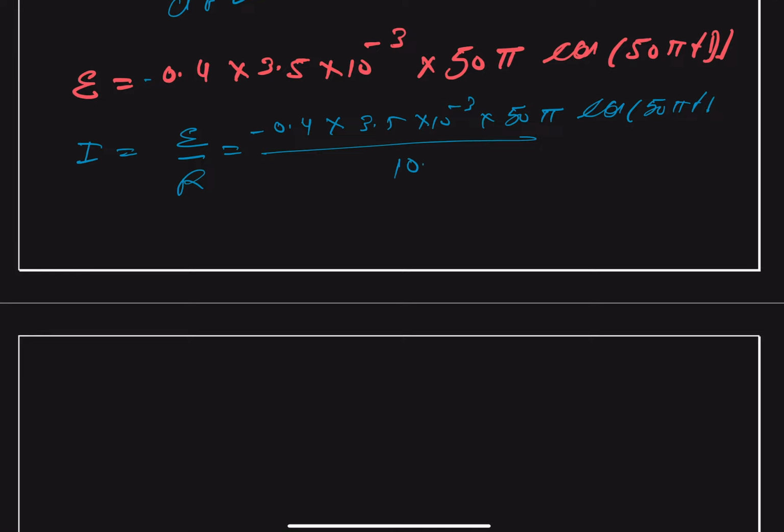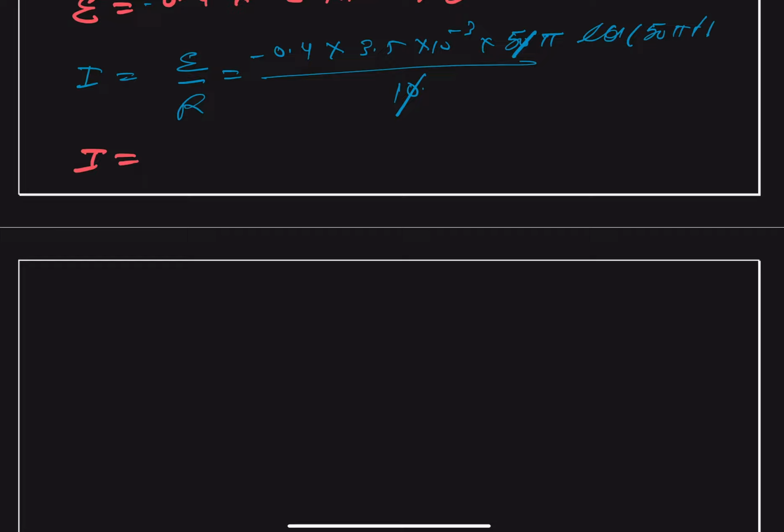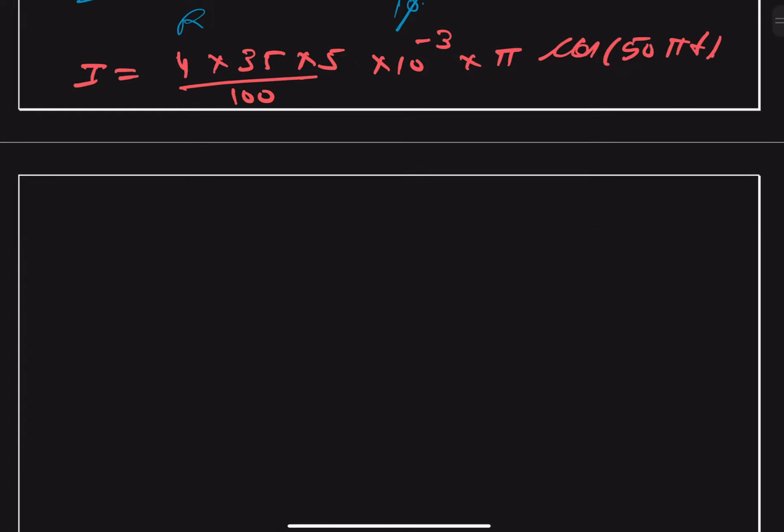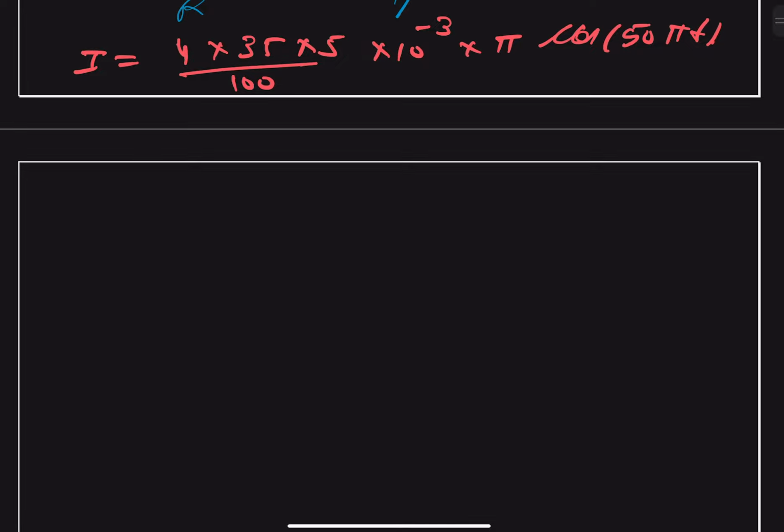So therefore you can say this 10 goes by this 5, and we can write that our current will be now equal to 4 into 35 into 500, and this comes at 10 to the minus 3 multiplied by pi, and we have cos of 50 pi t. And we can solve it a little bit.